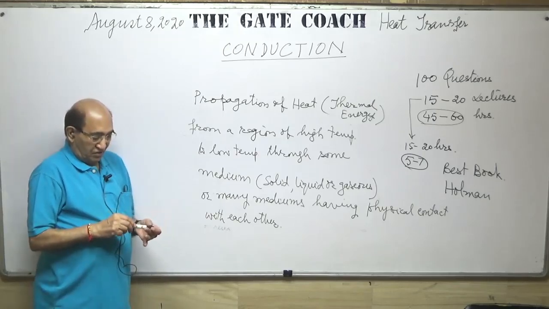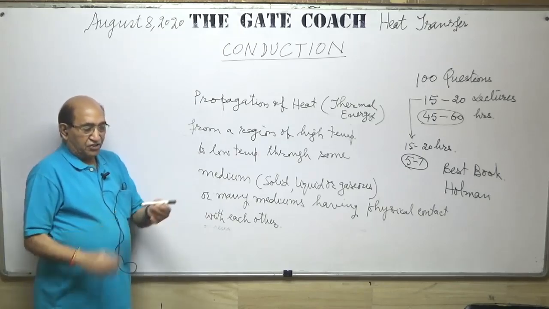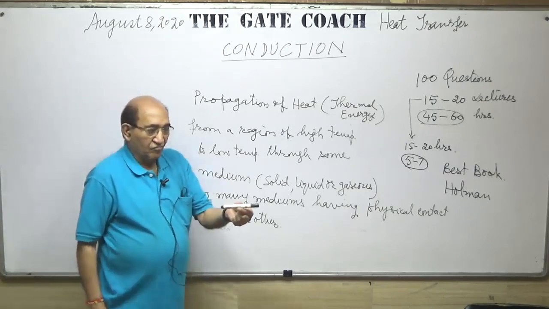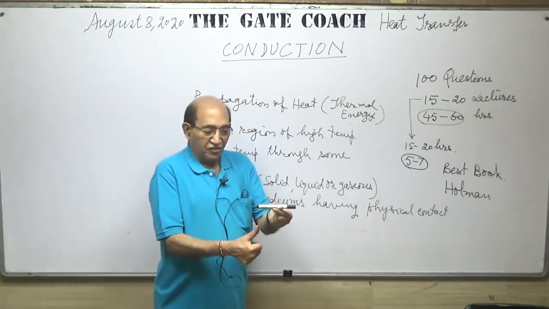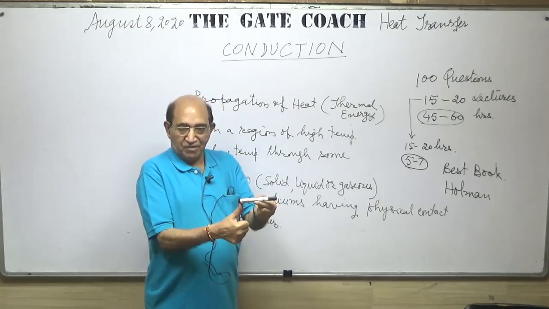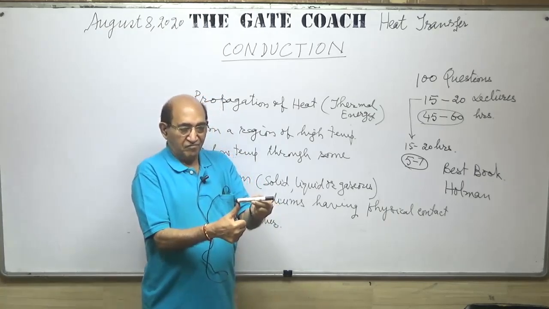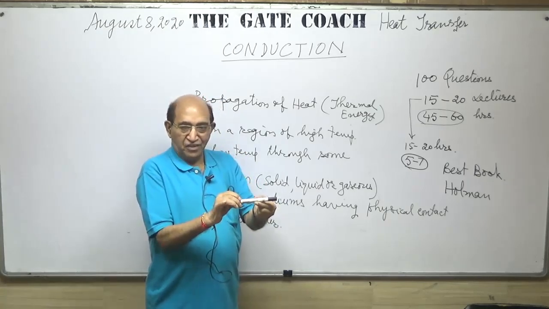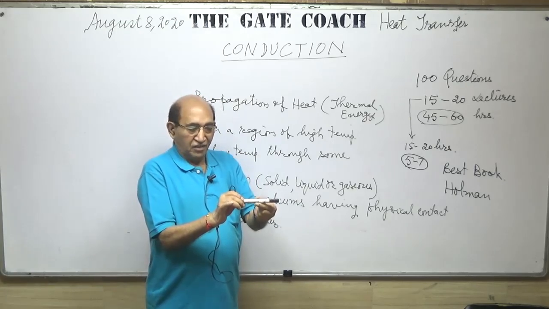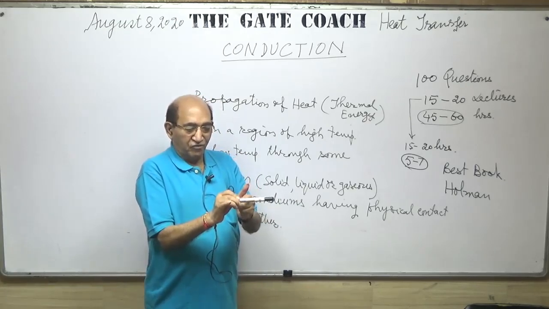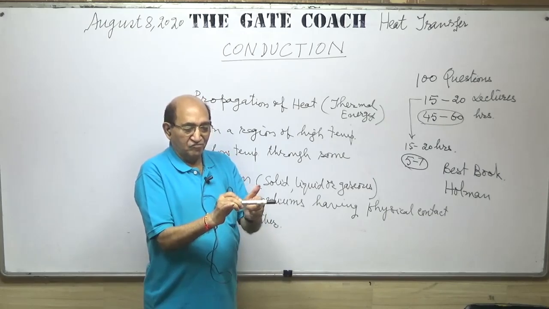If I am having a mild steel rod and I am heating it from this side with the help of a burner. So this is the region of higher temperature. Heat will be flowing within the material. Material is solid.